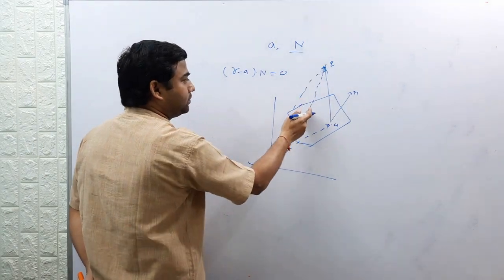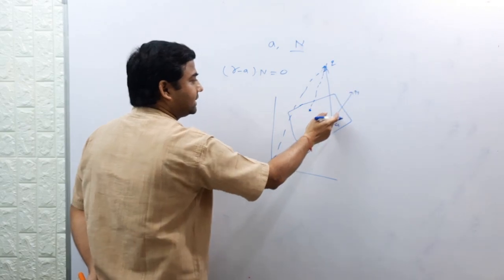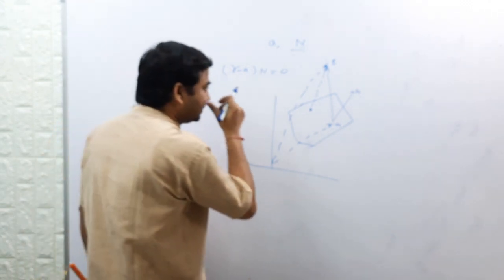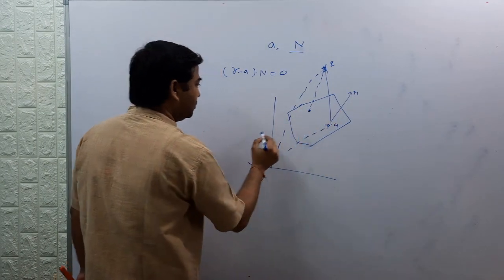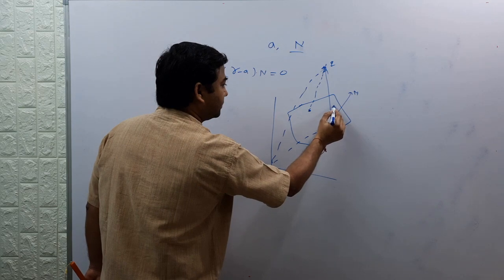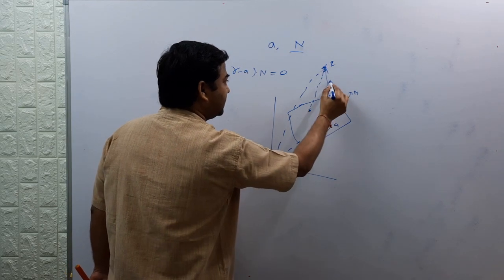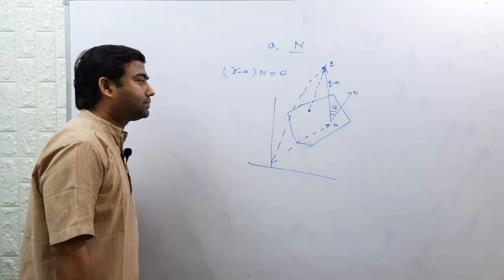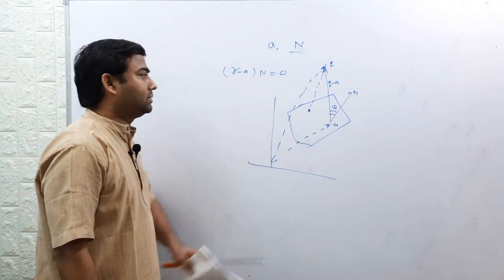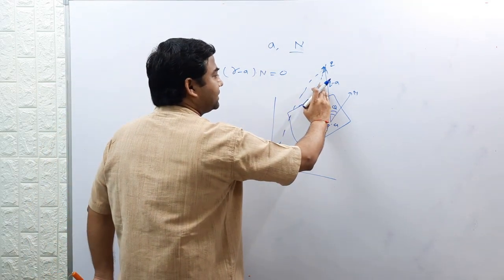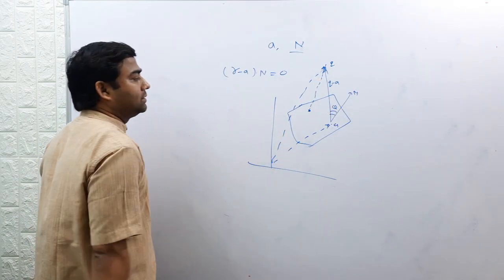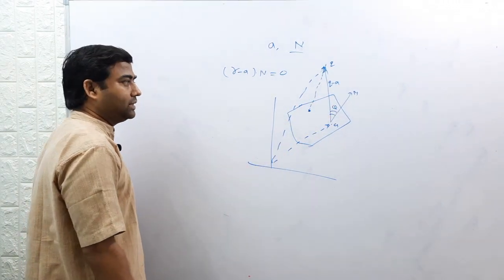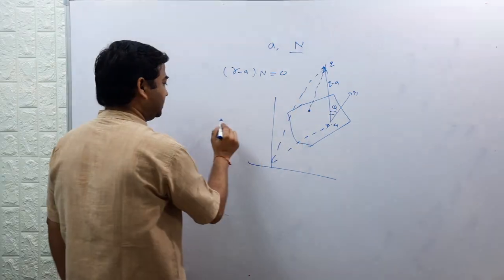So this perpendicular and this perpendicular vector n are both parallel. Let vector q minus a make angle theta with vector n. So the projection of this vector q minus a on n will be the perpendicular distance from Q to this plane, because this n is perpendicular.